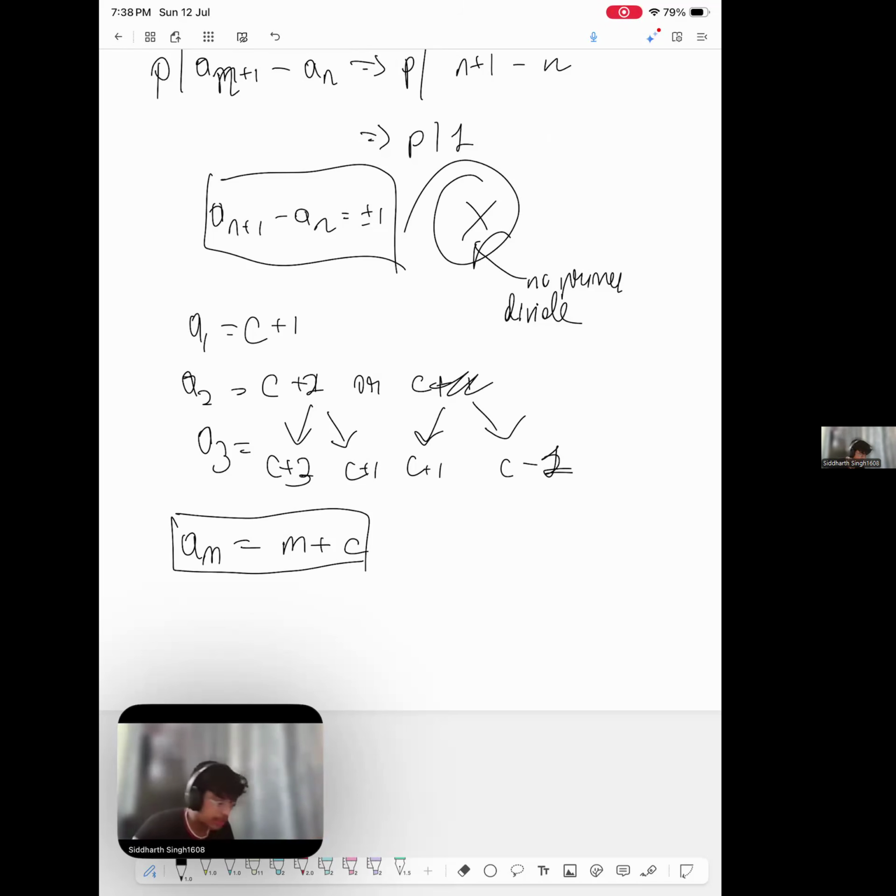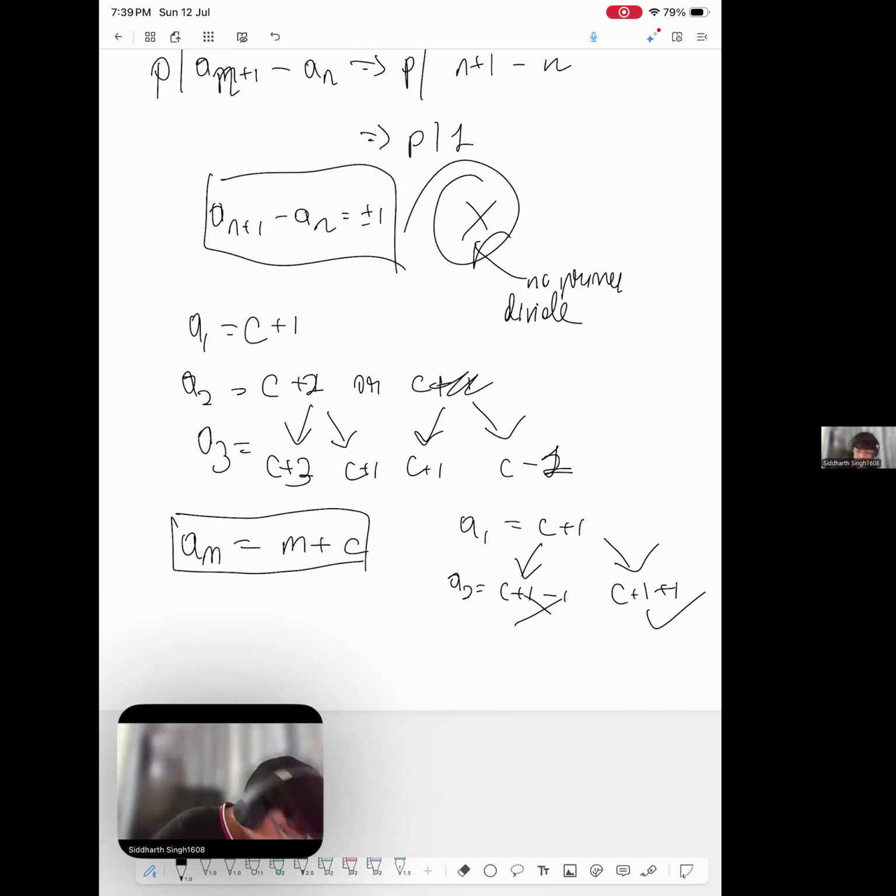You can check this clearly. But what we would need to do to prove this is that the case where we jump from a1, say equal to c plus 1, to a2 equal to c plus 1 minus 1 can't happen. Instead, what should happen is c plus 1 plus 1. You would have to prove this.